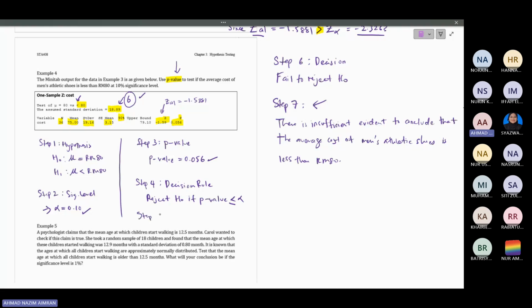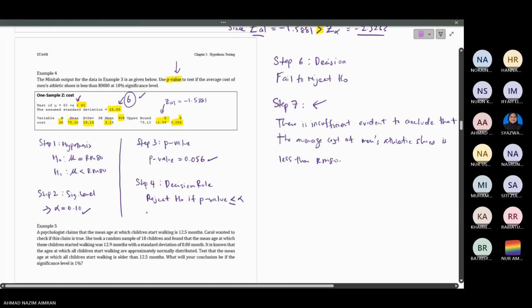So step 5, sorry, before that, since p-value is equal to 0.056 and alpha is equal to 0.10.